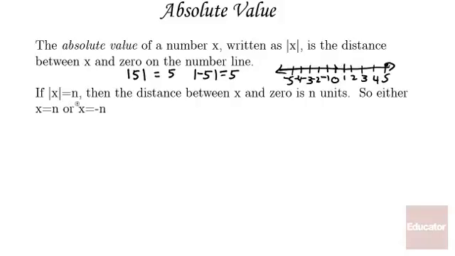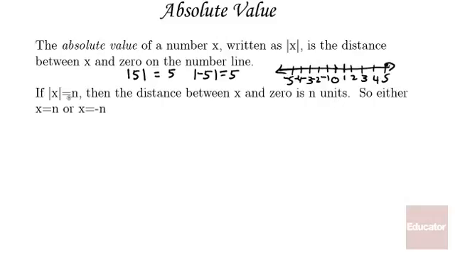This is describing what I just explained up here using my example of 5. What this is explaining is that if the absolute value of x is n, then the distance between x and 0 is n units.